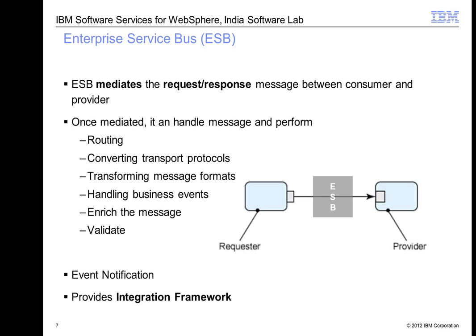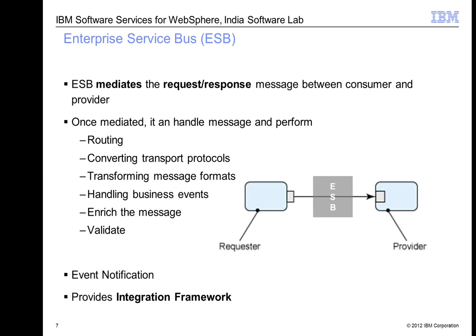So with all these capabilities, the enterprise service bus provides us the integration framework, which is the backbone for service-oriented integration. It provides capabilities to make source systems, target systems, service requesters, service providers, event emitters and event subscribers, a variety of system types, participate in the service-oriented integration.